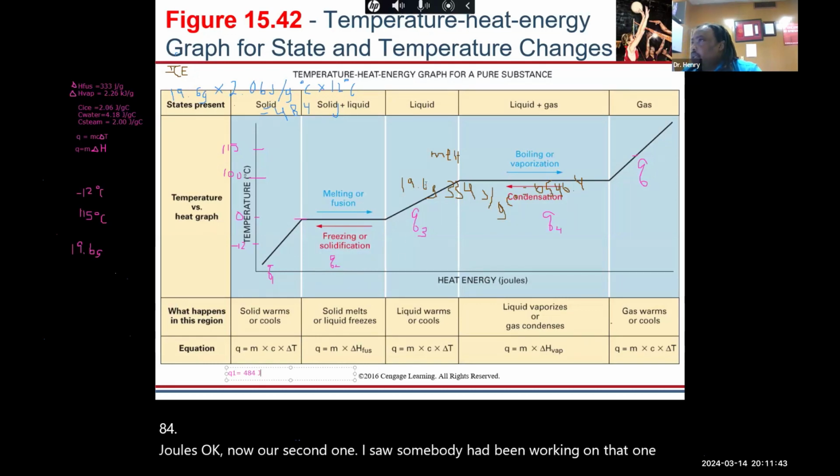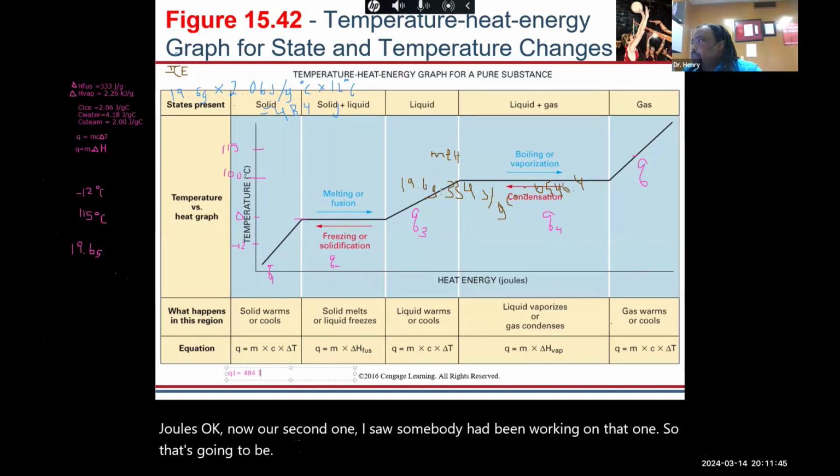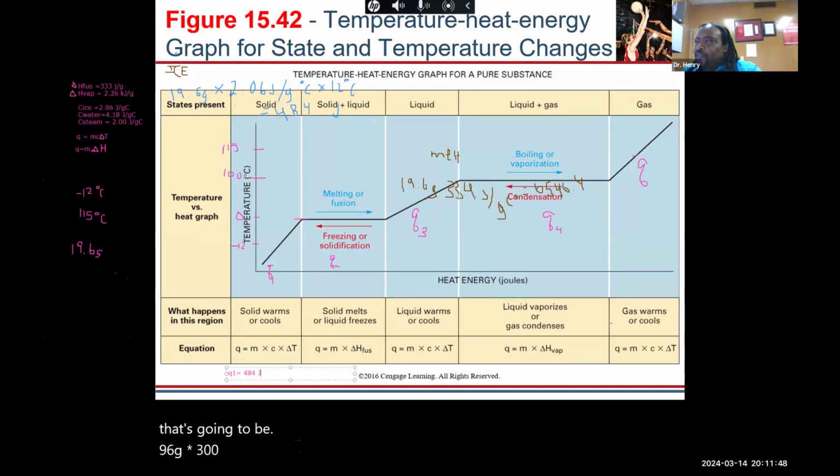Now our second one, I saw somebody had been working on that one. So that's going to be 19.6 grams times 333, instead of 334. And you guys got, what's the value? So you got to help me out, Graciela.